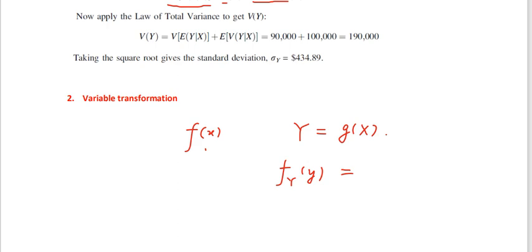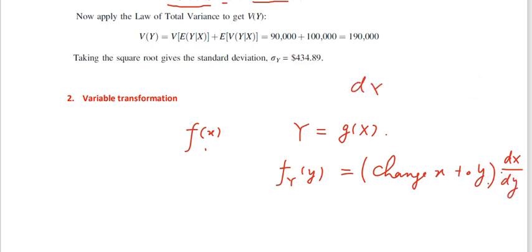So it equals the density function of X, with X changed to Y. But here we don't forget we need to multiply by dx/dy, right? Before it's always dx, but now we are changing to dy. So from dx to dy, we have this, right?